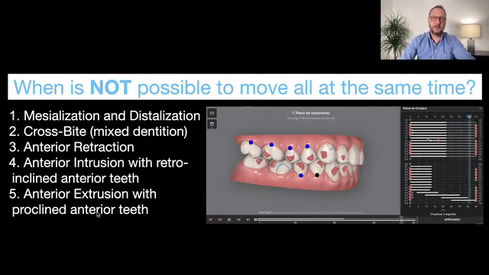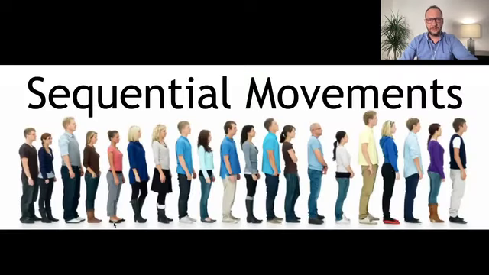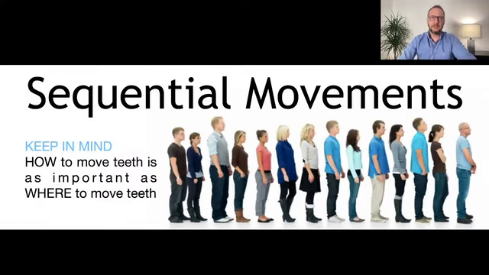And also the same for anterior extrusion with proclined anteriors, okay? So basically, sequential movements is creating some order on how teeth are going to move, okay? So how to move teeth is as important as where to move. But just understanding that I want to go to Estonia and then I decide to go by bike is not a good idea, right?